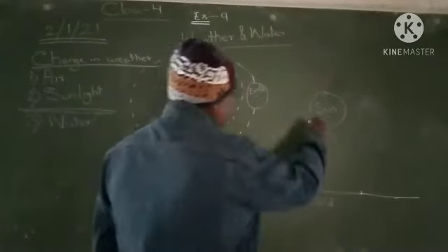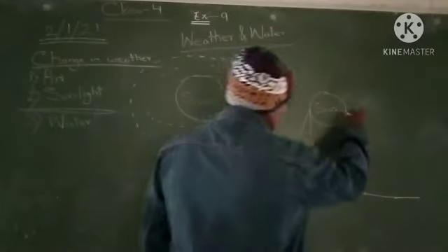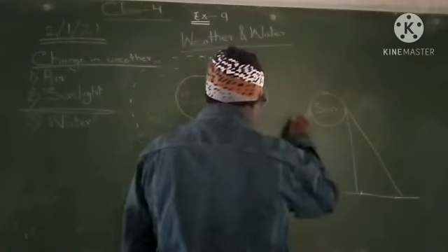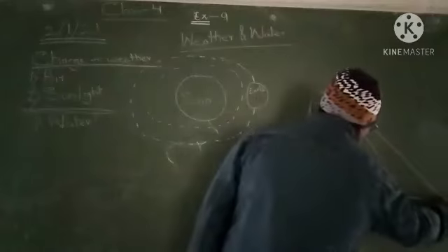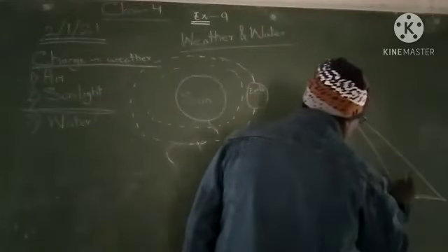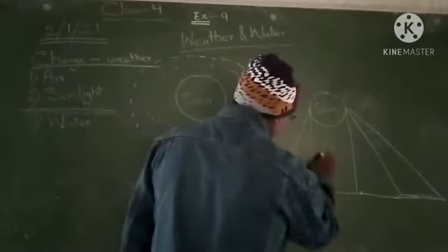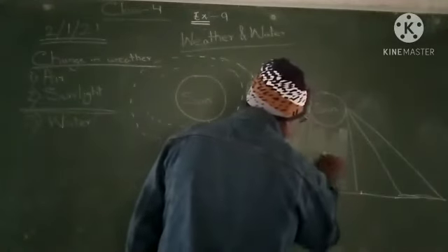Now, in this area, the sun rays fall directly. There are certain areas where the sun rays fall slanting, like this. So in this particular area, which I am shading, the sun rays fall directly.